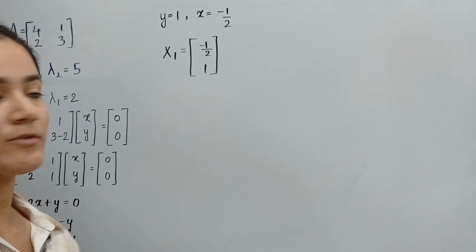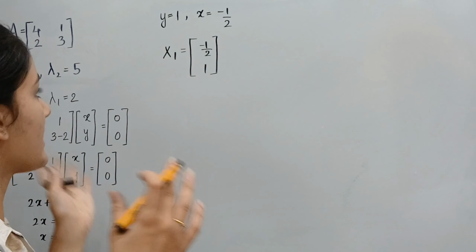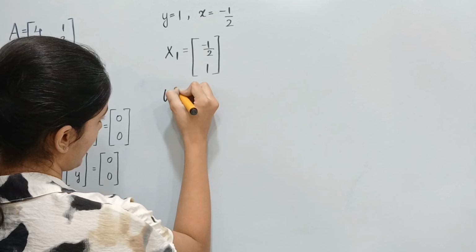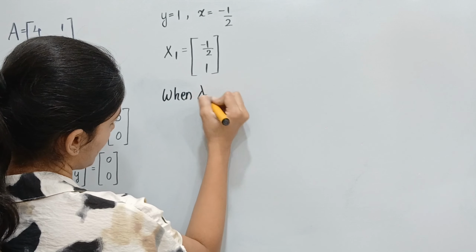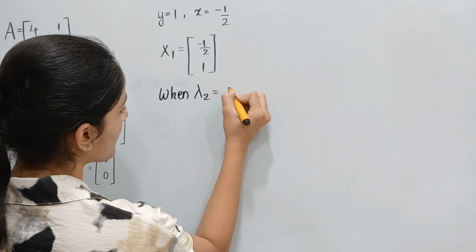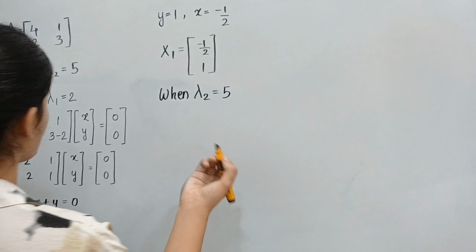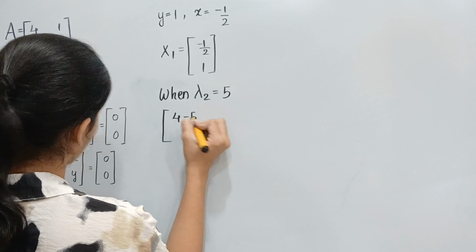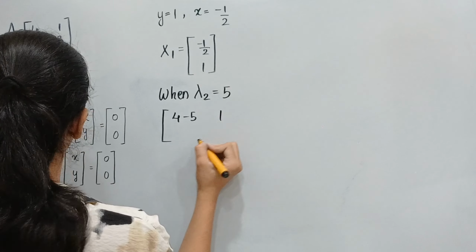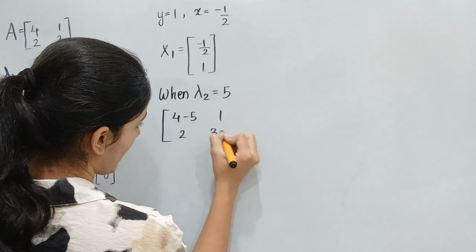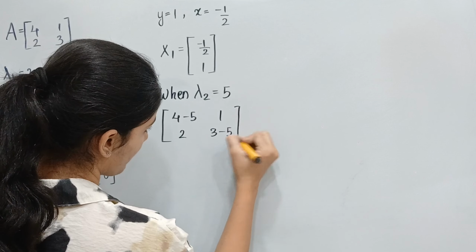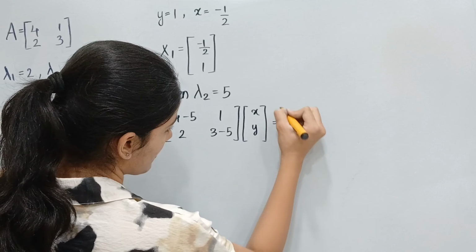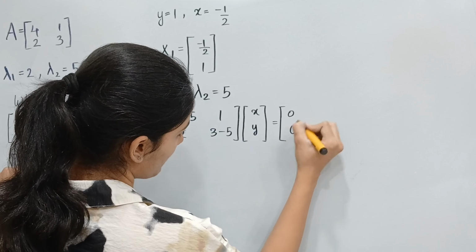Now similarly we have to find the second set of vectors. So now we will take the second case when lambda 2 equal to 5. So the matrix will become 4 minus 5, 1, 2 and 3 minus 5 into x, y equal to 0.